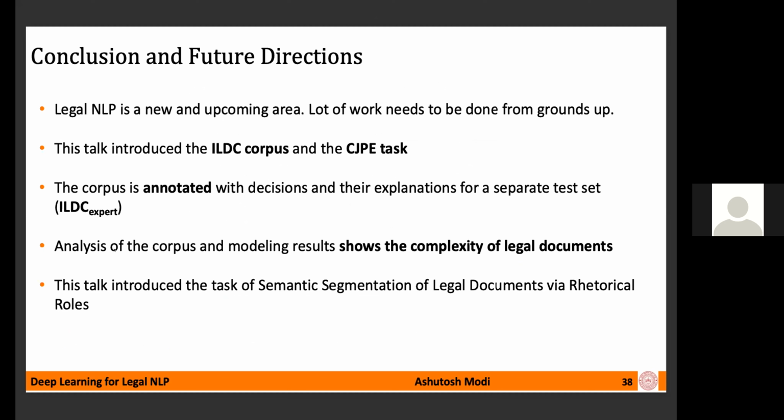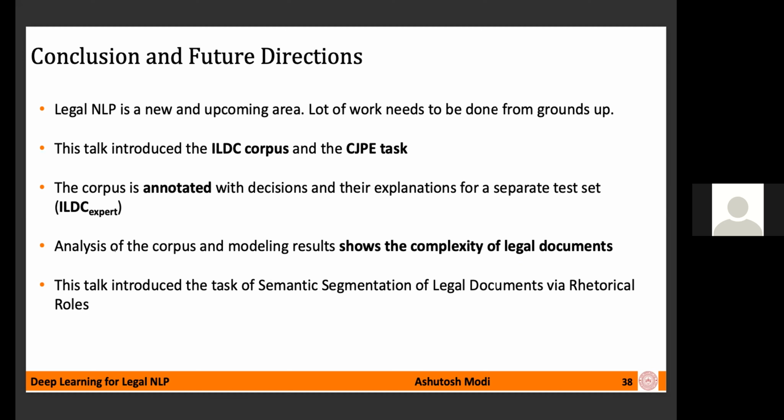So in a nutshell, I described the legal NLP area, and it's a new and upcoming area, and a lot of work needs to be done from the ground up. The field is just starting, so there are a lot of opportunities for research there. In this talk, I presented the use case of legal judgment prediction.